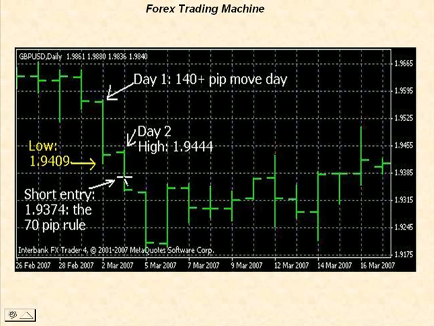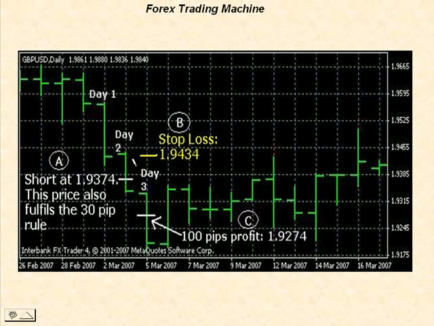Okay, but still remember there is the filtering element, which is the 30 pip rule. So we're going to have to see if the low of 1.9409 of day 1 is higher by at least 30 pips from the potential entry level.